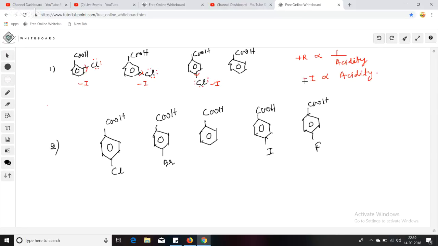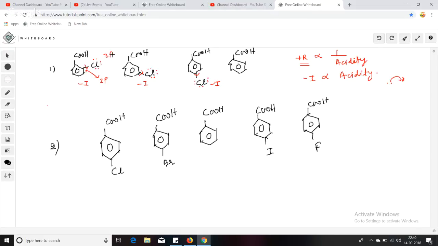Both are opposing factors. If you consider the plus R effect, that is resonance. Resonance means transfer of electrons from one orbital to another. The carbon with which the chlorine is attached is this carbon over here. This chlorine has a 3p orbital, and this carbon has a 2p orbital.